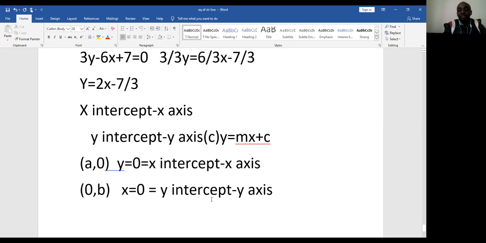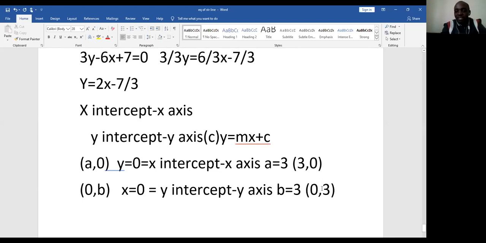So this is how you can write the coordinates on the x-intercept. Because you have the value of a, for example, in this equation, you can say let a is equal to 3. If a is equal to 3, then the coordinate would have been 3, 0. And if b is equal to 3, let us use the same number, then this coordinate here would have been written as 0, 3.